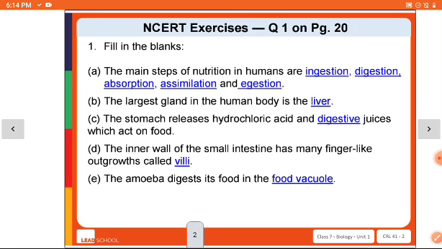Fourth, the inner wall of the small intestine has many finger-like outgrowths called villi. Last, the amoeba digests its food in a food vacuole.